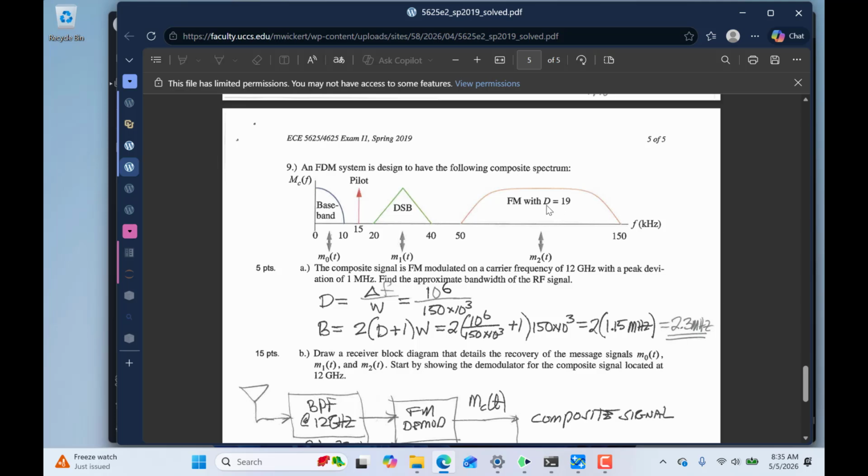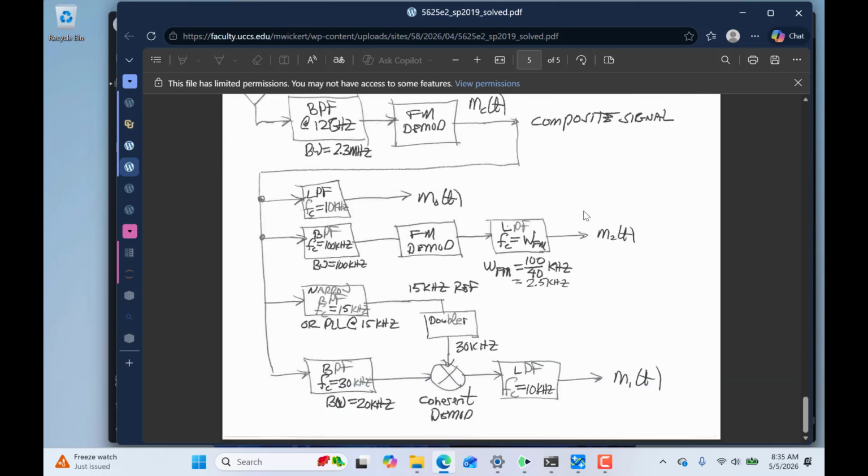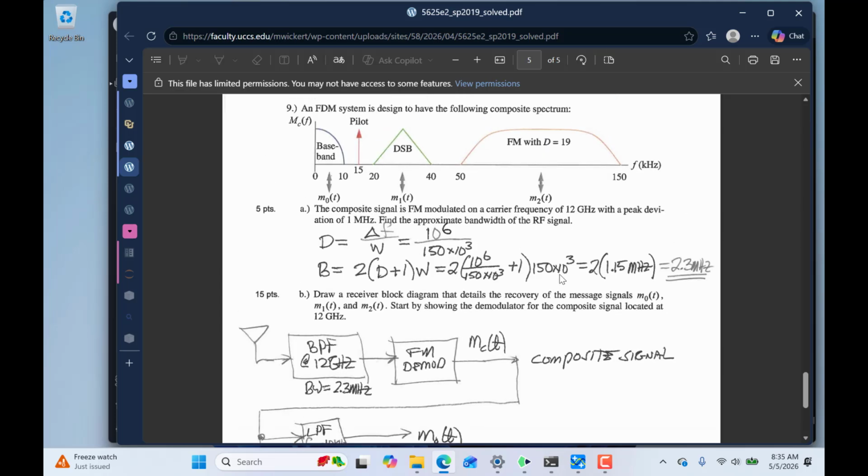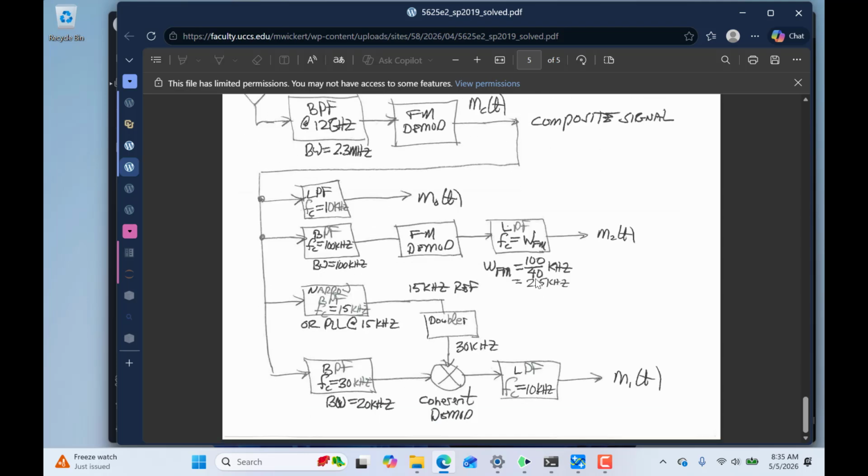All you know is that the deviation ratio is 19. So from that, you can come up with an approximation, but that's probably not the most important thing in the problem. But it's around 20, I guess. 2 times 20, so it'd be 40 divided into 100 kilohertz.